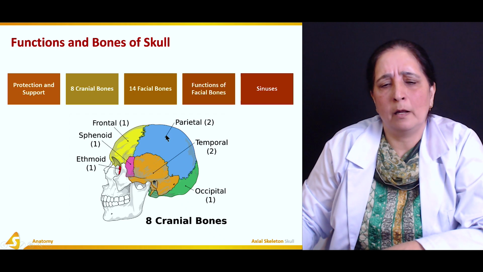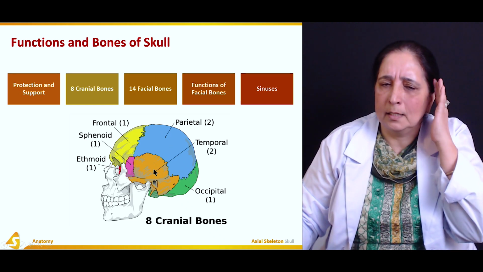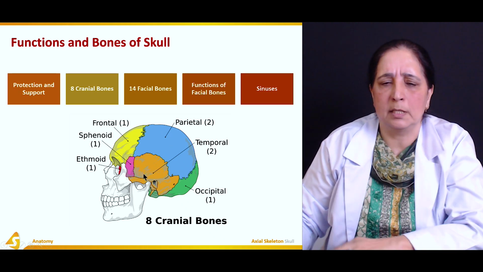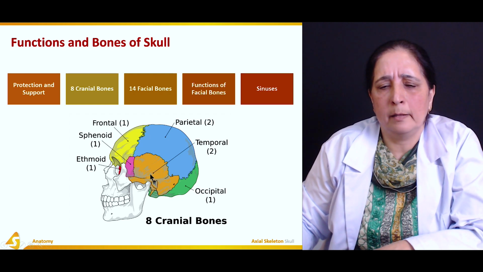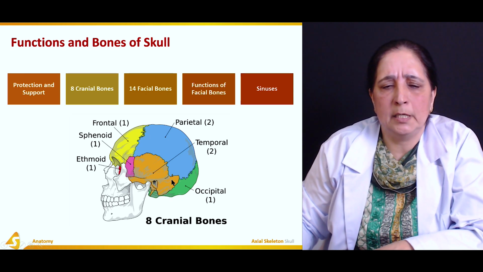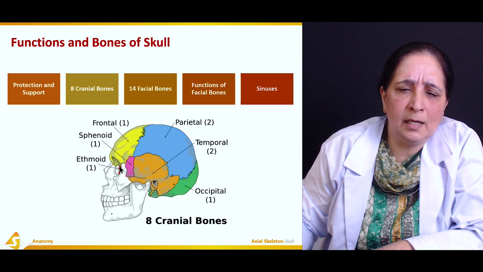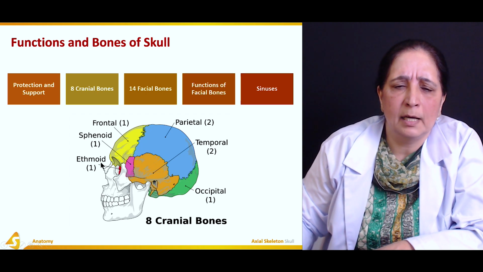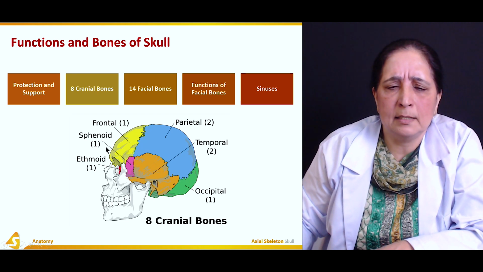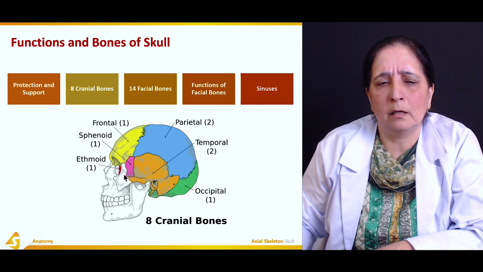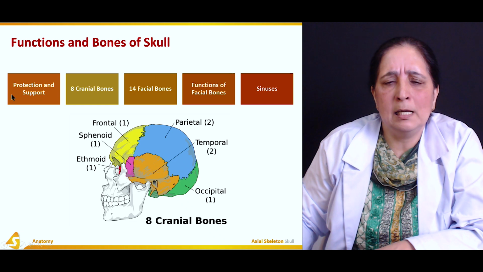And then on the side here, this is the temporal bone. And on the back is the occipital bone. Then here on the side of the eyes, there is the ethmoid bone, and this is the sphenoid bone. So all these together are the cranial bones.